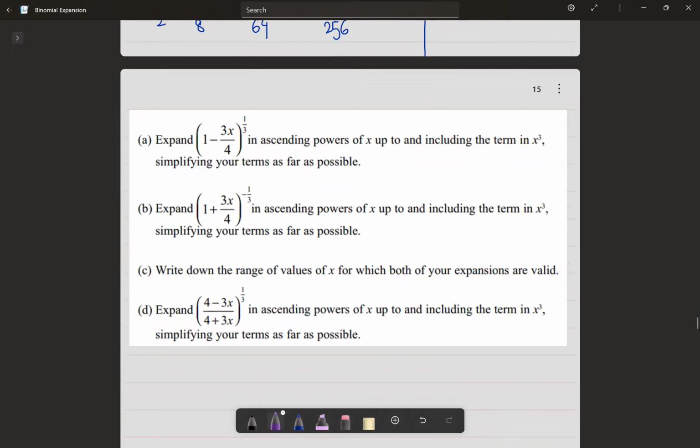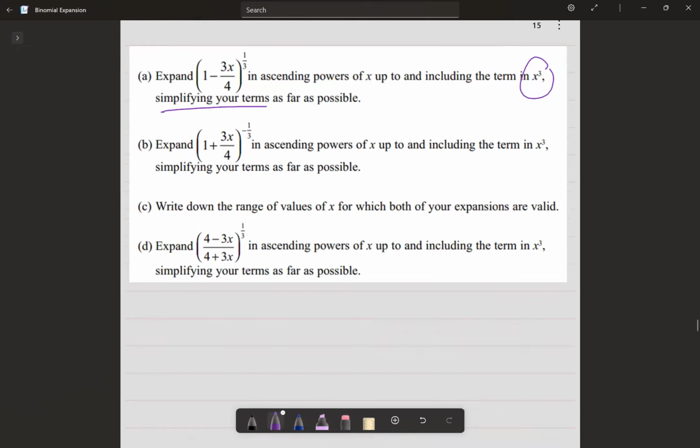Now in this question, the second one, we are asked to expand in ascending powers of x up to and including the term in x cube. So up to the term in x cube, we have to expand, and we need to simplify all the terms as far as possible. So let's begin with our expansion.